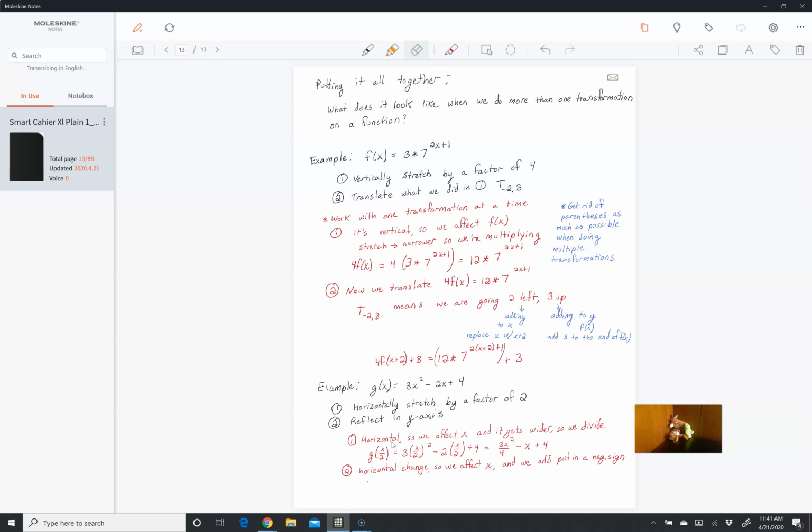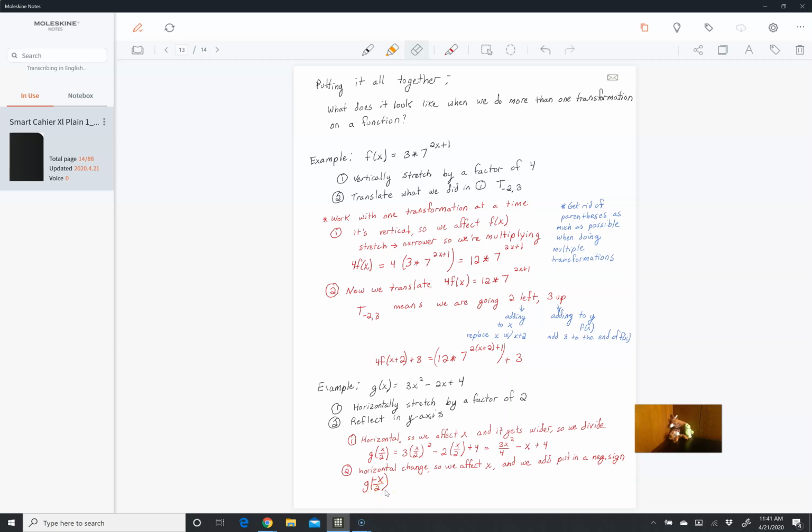So what does this mean? This means that our x gets replaced by negative x. Now we have to keep the x over 2 there because we're not transforming this function, we're transforming this one. So I'm going to write this a little bit more clearly because I feel like it's not. I hope that's better. So it becomes negative x over 2.